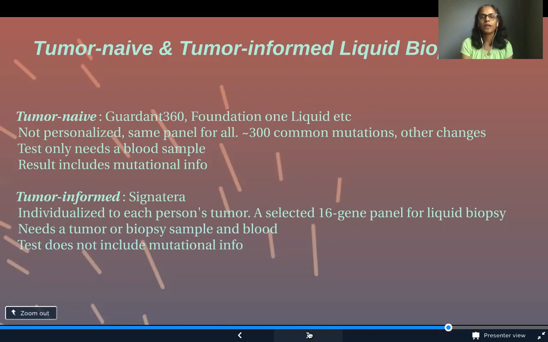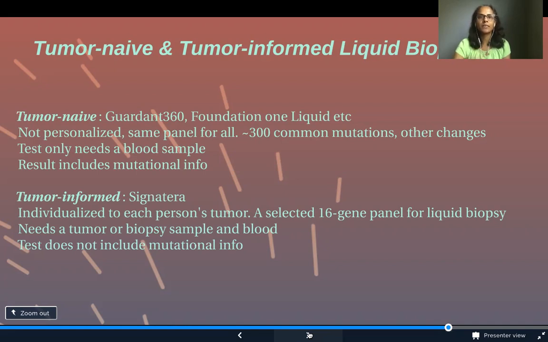The other class of liquid biopsies is tumor informed. An example is Signatera. In this case, this is a liquid biopsy that is individualized to each person's tumor. So for this, what they do is that you need a tumor or biopsy tissue, and next-gen sequencing of the tumor tissue is done.